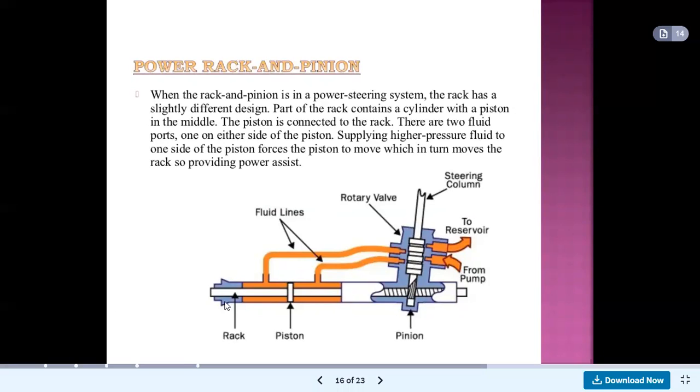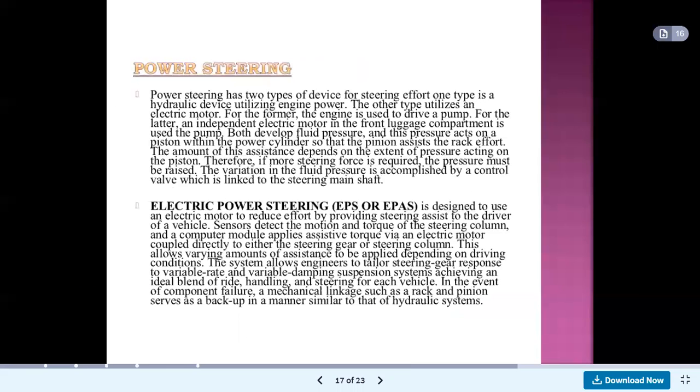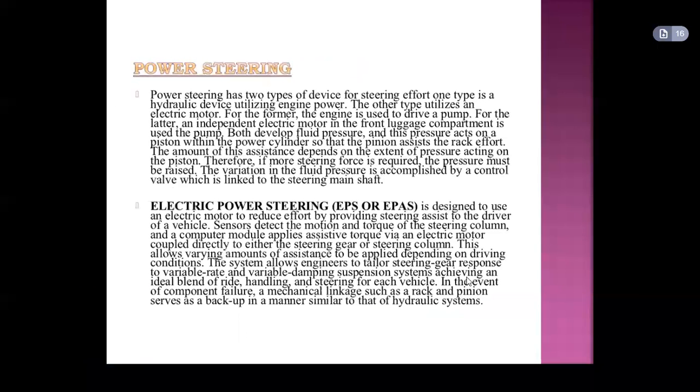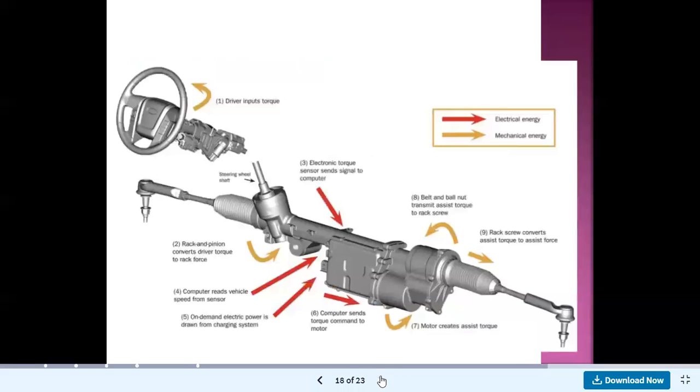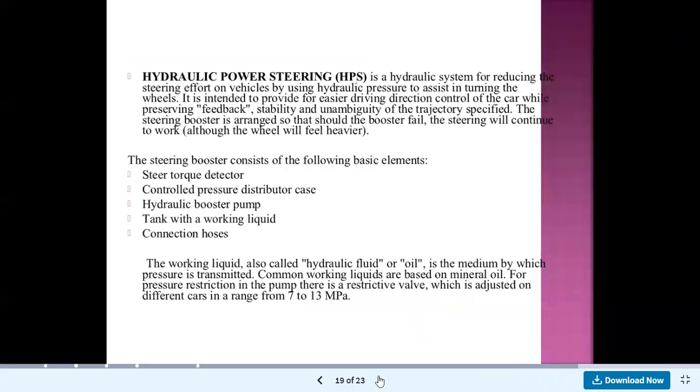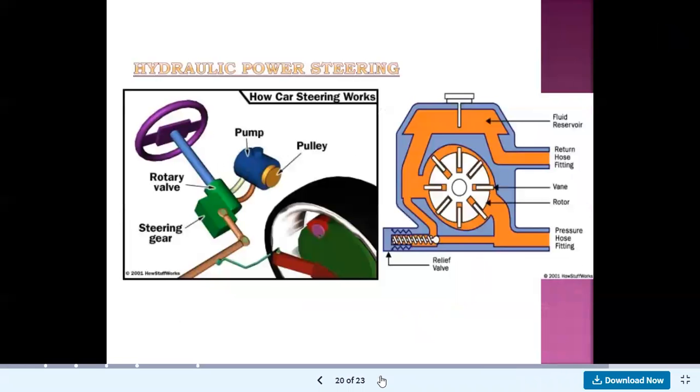If we see this diagram, this is the rack, pinion, fluid lines, rotary valves, steering column, and fluid towards the reservoir from the pump, and this is the pinion. Power systems are also available nowadays. Hydraulic power system is available.